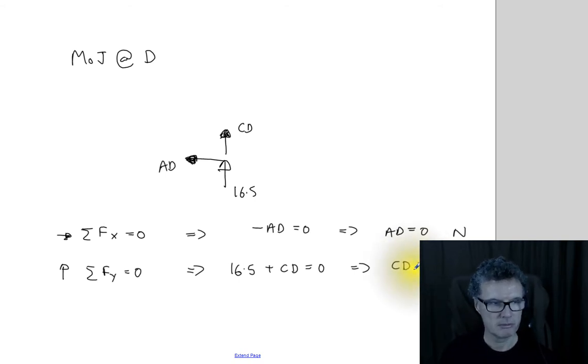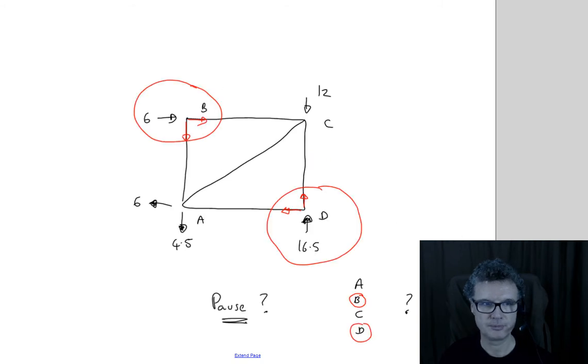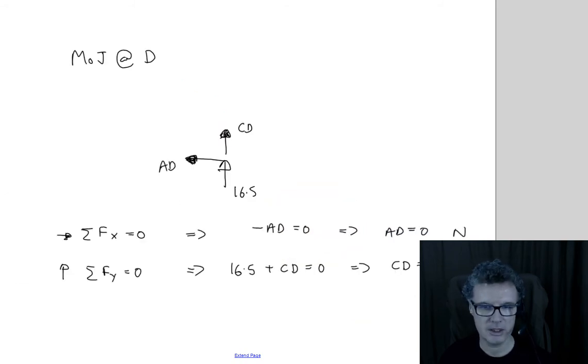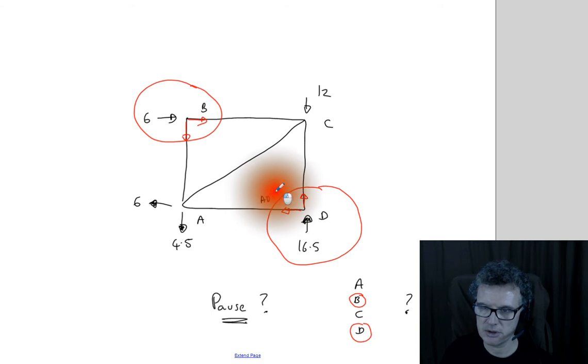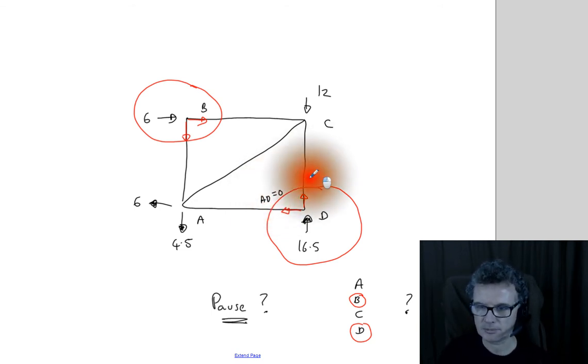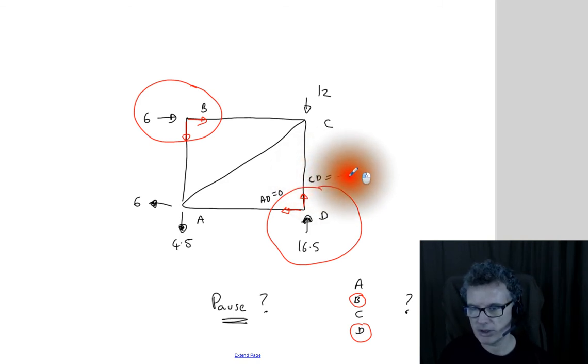Right, so good, fair enough. So now we've got two options really. So we worked out these values. We've worked out that AD is 0. I'm going to write it down here. AD equals 0. And I've worked out here CD equals minus 16.5.